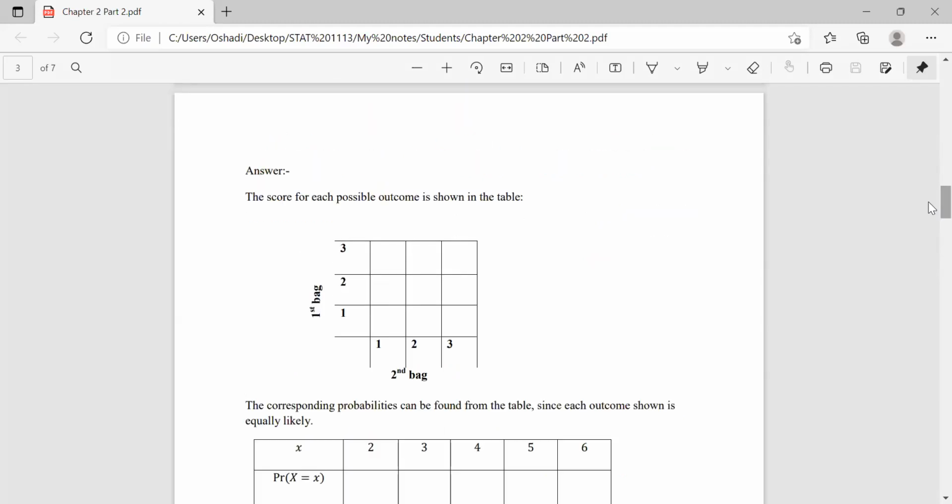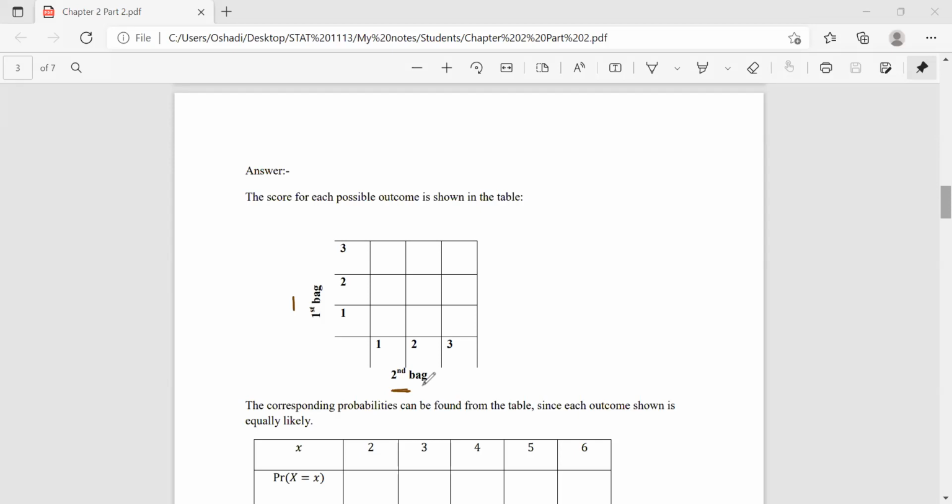So first we have to clear out what the possible outcomes are. As drawn in this table, this is the first bag and this is the second bag.